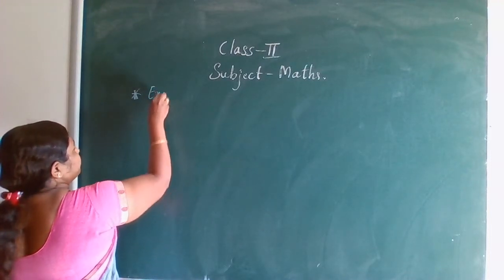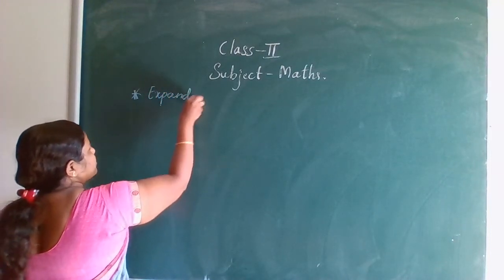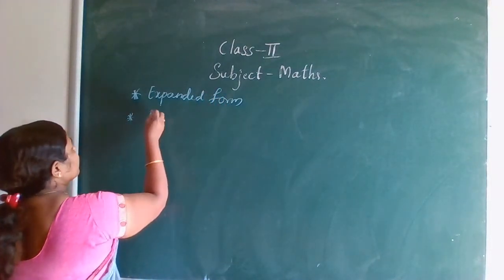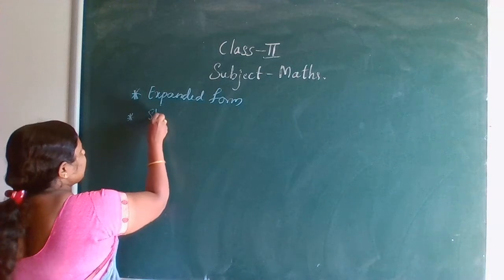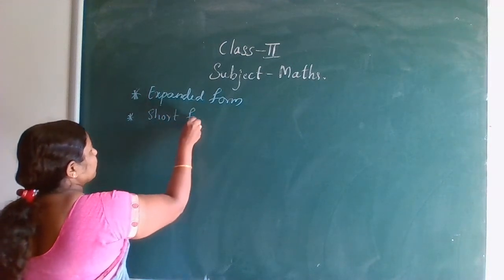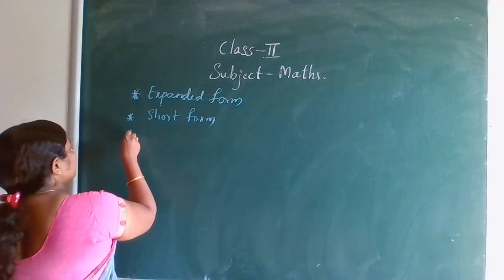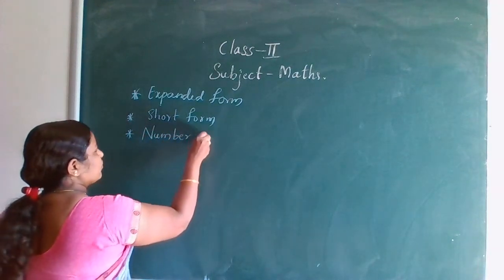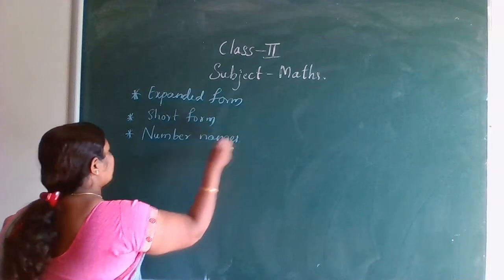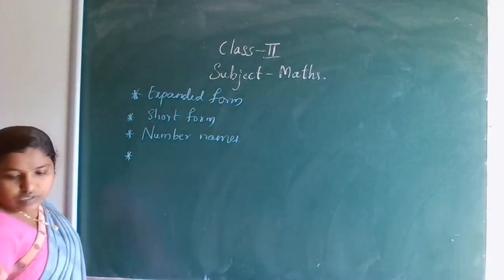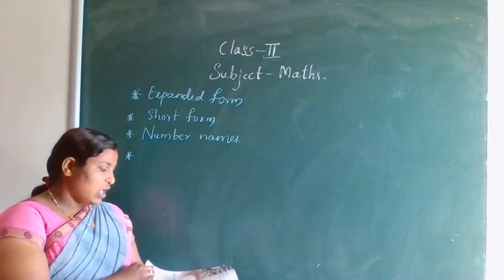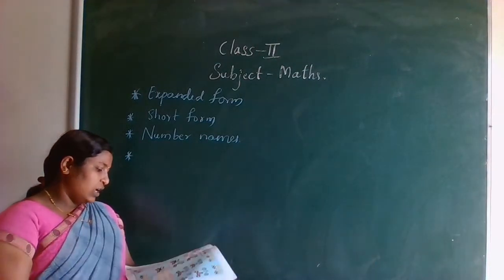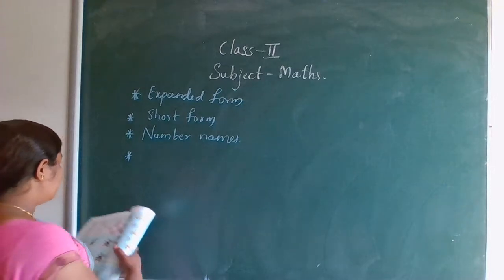expanded form, then short form, next number names. Again, what else have we studied in the last class?